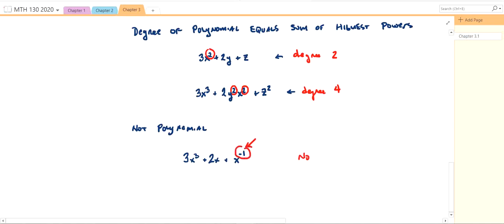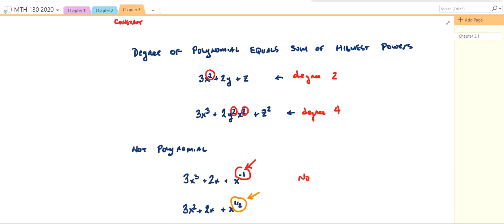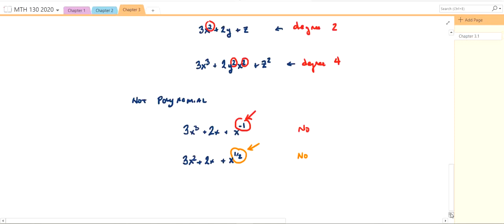Because of this minus 1 here. Another relationship, say we have 3x squared plus 2x plus x to the 1/2. Again, not a polynomial, because 1/2 is not an integer. Okay?